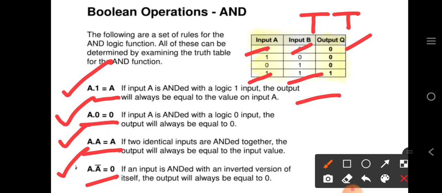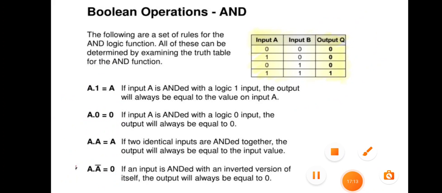If both the inputs are 1, only then the output will be 1, and it will be 0 in the rest of the 3 cases. Now the second case, A dot 0 is 0. If input A is ANDed with a logic 0, the output will always be equal to 0. The third one is, if two identical inputs are ANDed together, the output will always be equal to the input value.